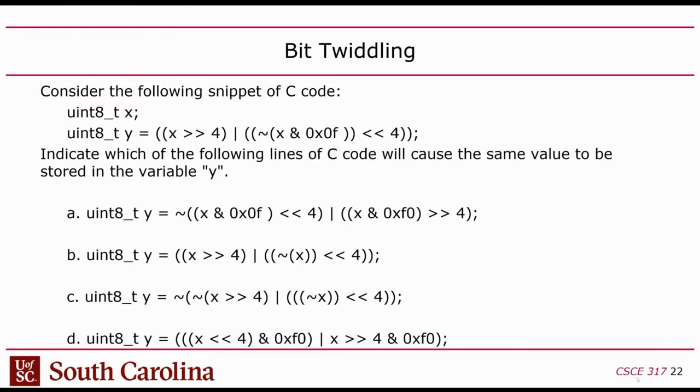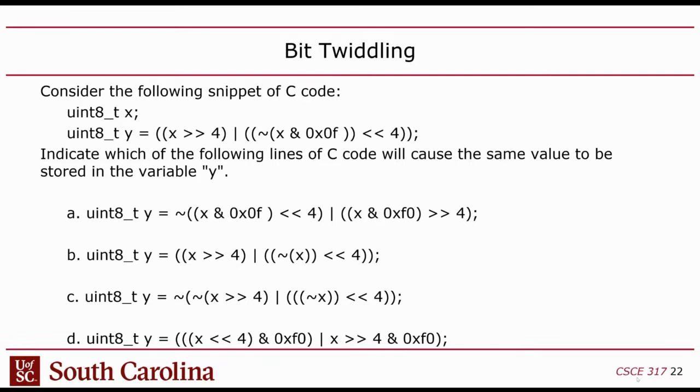This upset a lot of students, this question. It is about bit twiddling, but it's really more of an exercise in reading obfuscated code. But then again, you guys should have some sympathy for us, because as instructors and TAs, we have to read a lot of obfuscated code.